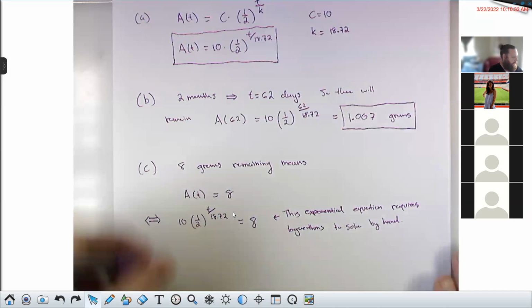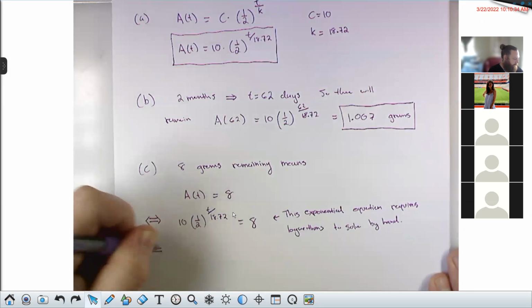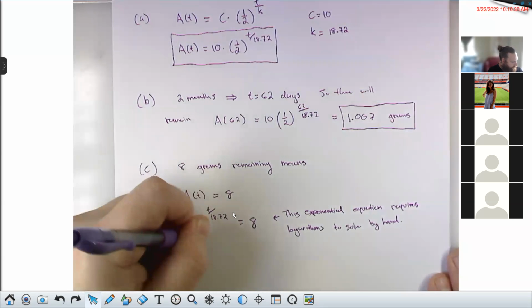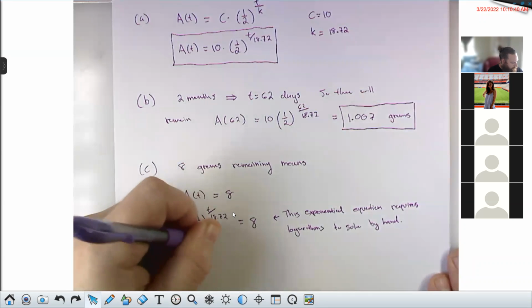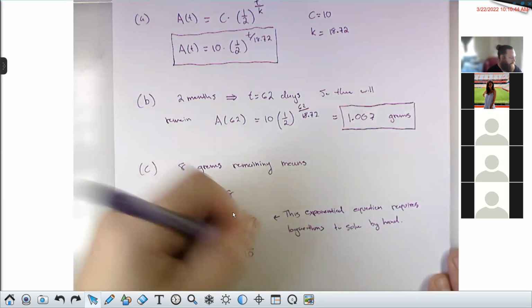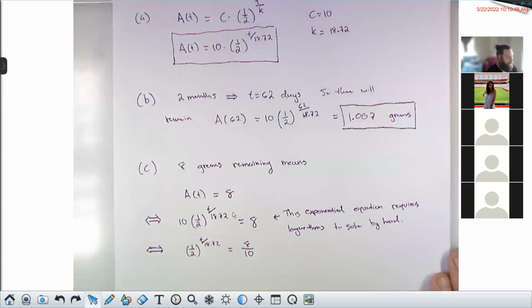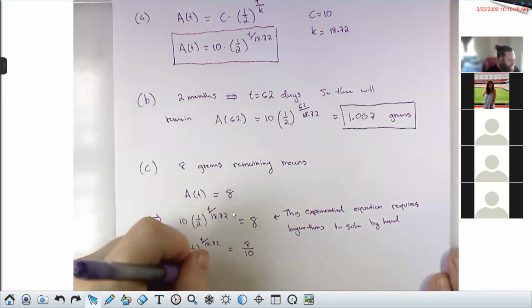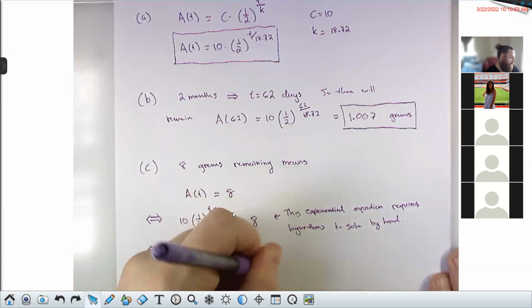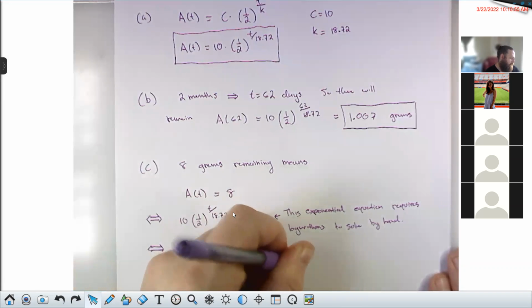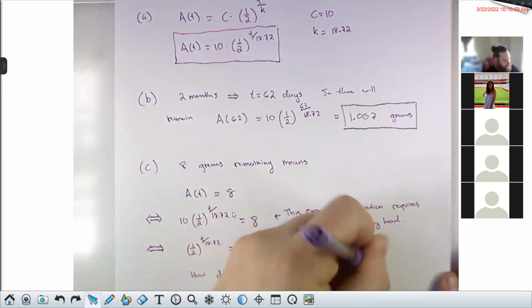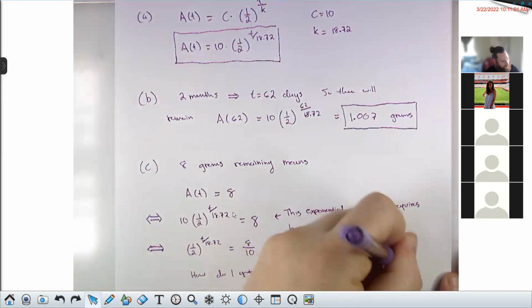I could divide both sides by 10 if you want to. That would give me 1/2 to the t over 18.72 equals 8/10. But you see, there's no nice way to get the variable t down out of the power.